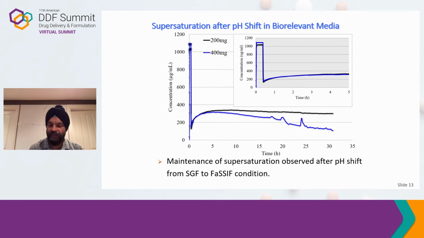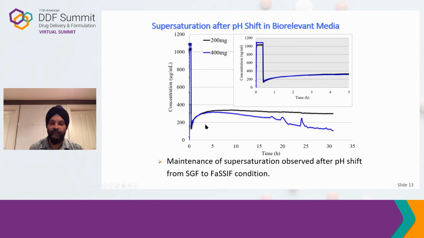Now, how can we start to study this? With that same compound, when we study this in vitro, the tool we are using is going from the pH of simulated gastric fluid to fasted state intestinal fluid. Does this pH shift lead to rapid crashing of the drug? In many cases, we would see rapid crashing.